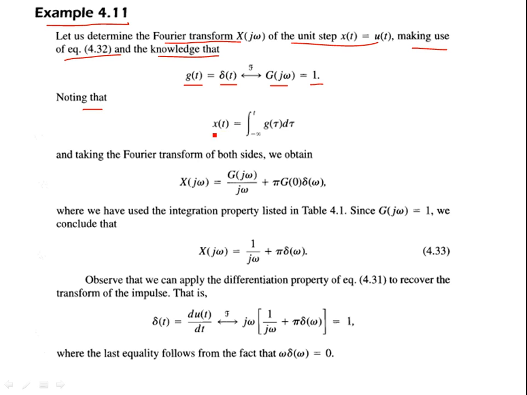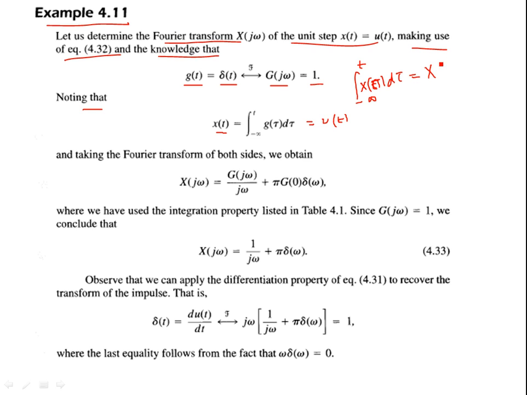Since x(t) is u(t), how do you express x(t) using g(t)? Well, you integrate the delta function from minus infinity to t, and basically this is your u(t), right? Now we know G(j omega), and we also know that integrating a signal x(t) from minus infinity to t, with tau the dummy variable, d tau, has the transform X(j omega).